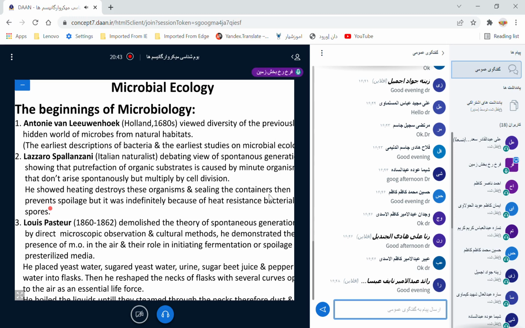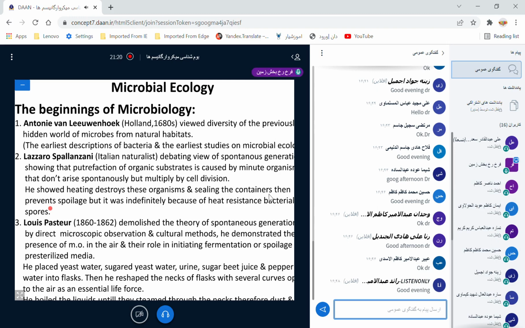We cannot say it is a wrong question and I don't have any answer. And another problem was that he was successful because the liquids he used didn't contain spores. You know, some bacteria like Bacillus and Clostridium can produce a resistant form called a spore. However you boil them, you cannot kill them.